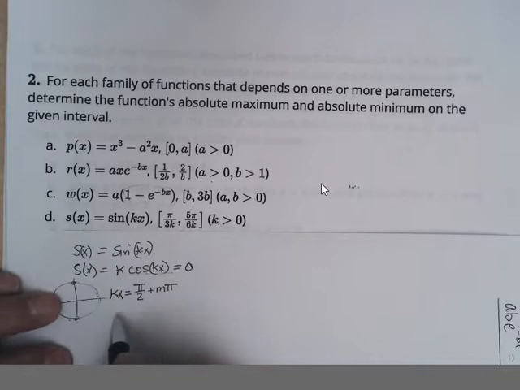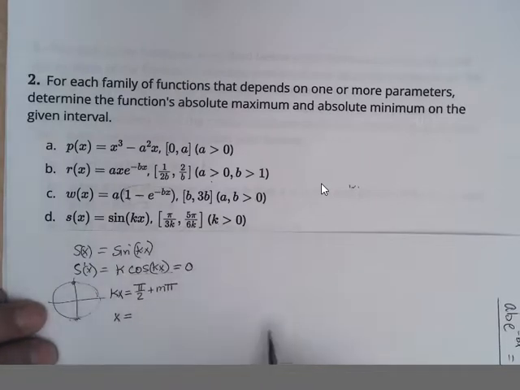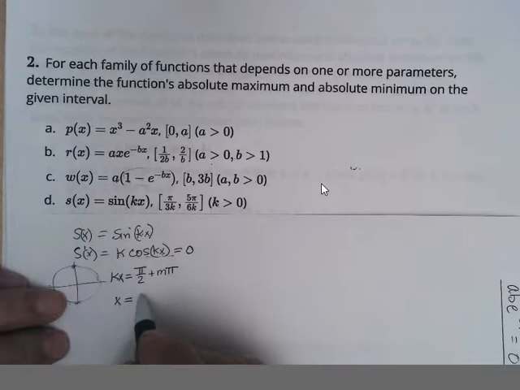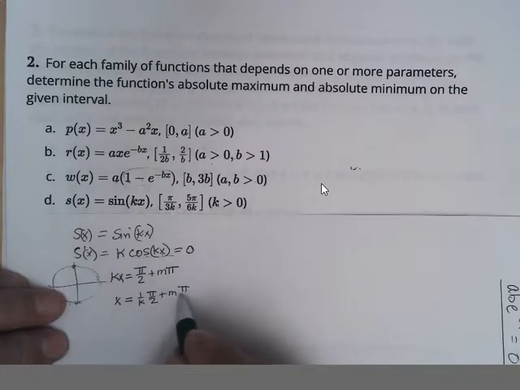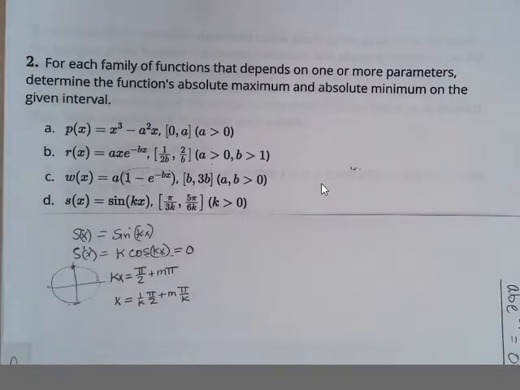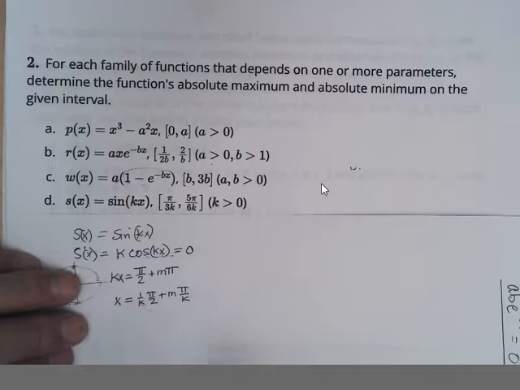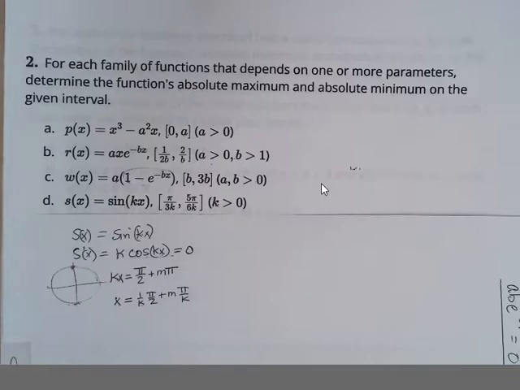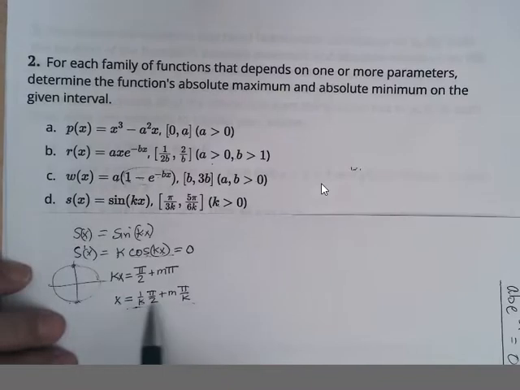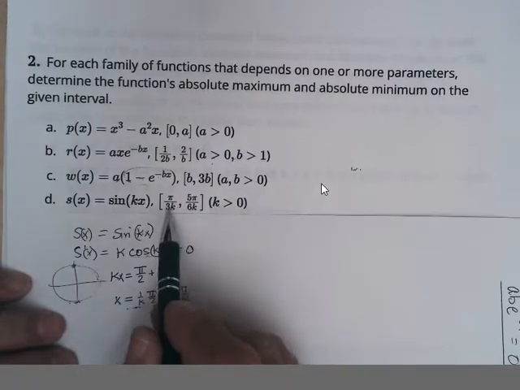So if we divide by k, the actual x for the critical points will be 1 over k times pi over 2 plus multiples of pi over k. 1 over k times both parts. Now I could have said pi over 2k. So then we have to decide what angles are between pi over 3k.